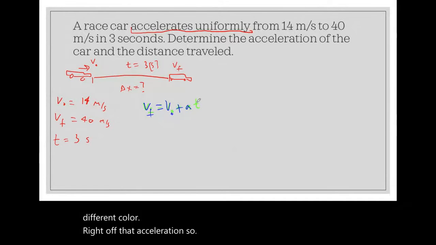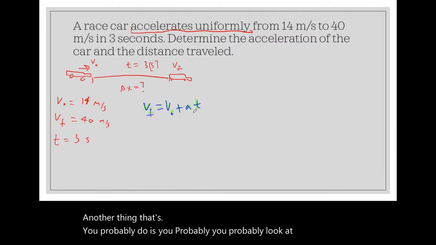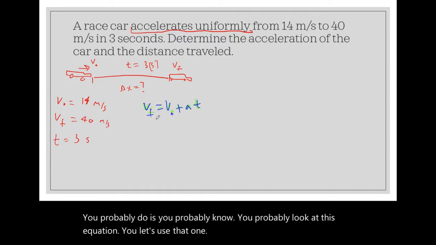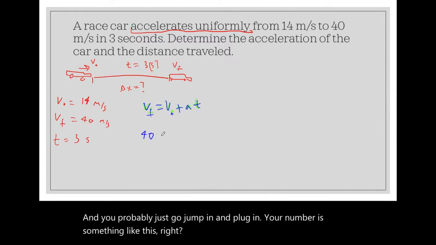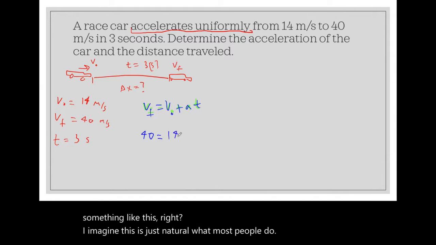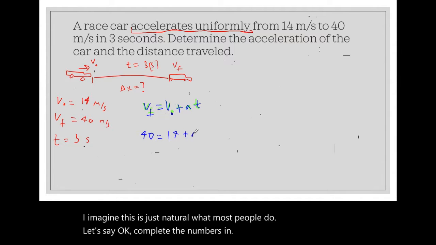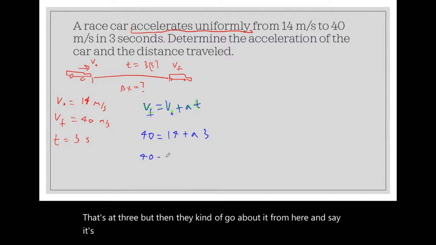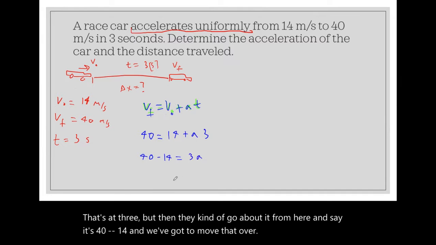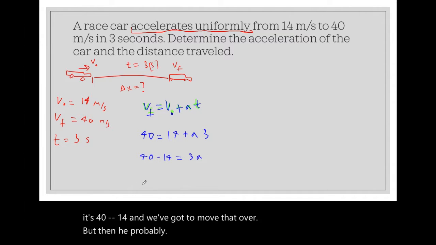Another thing you probably do is look at this equation, say okay, let's use that one, and just jump in and plug in your numbers, something like this. I imagine this is naturally what most people do. They plug the numbers in, and that's a 3. Then they go from here and say, okay, it's 40 minus 14, and move that over, equals 3a.